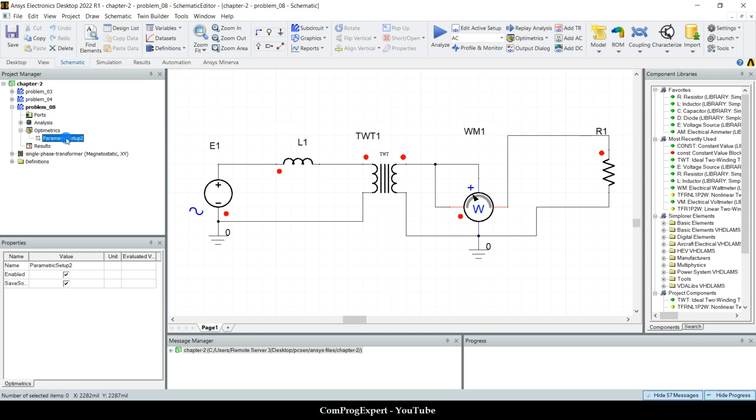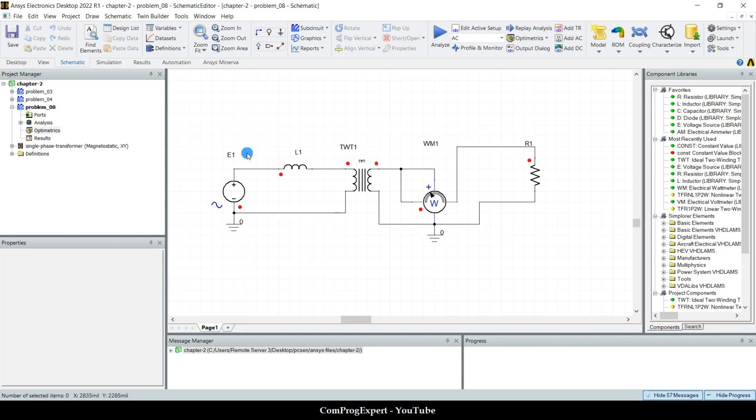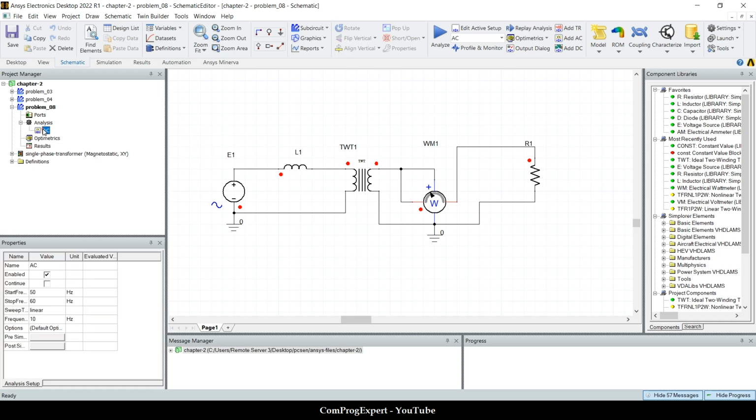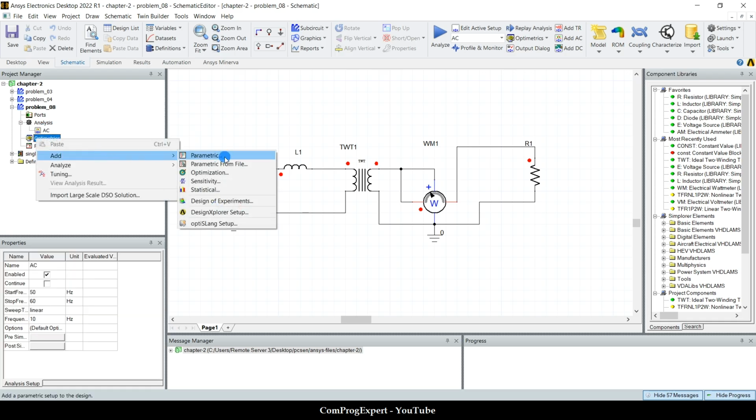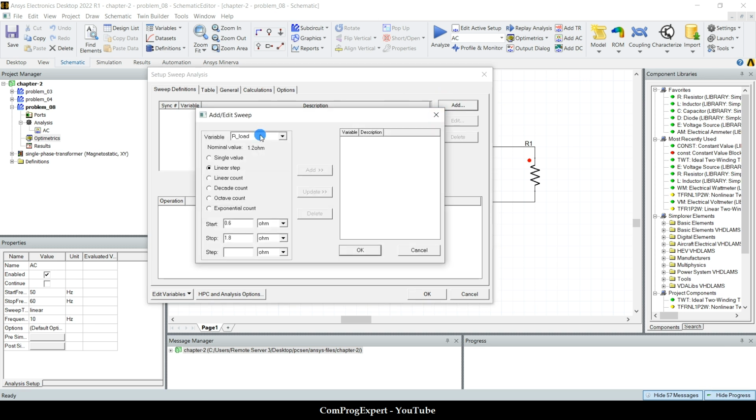So how can we do this parametric analysis in the ANSYS Simplorer? Here I defined one parametric analysis before. If we define it again, we have this AC solver from here, parametric setup. Let's add this variable R load. I want to change it from 0.5 to 1.5, with a step size of 0.05.